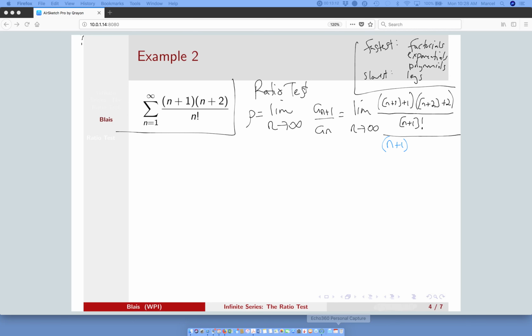N plus 1, n plus 2 over n factorial. And you can see with the ratio test, it can be very easy to make an algebraic mistake. This is why you have to be very careful. Okay. Let's simplify this. We have here, this is n plus 2. Sorry, I made a mistake here. This should have been n plus 1.